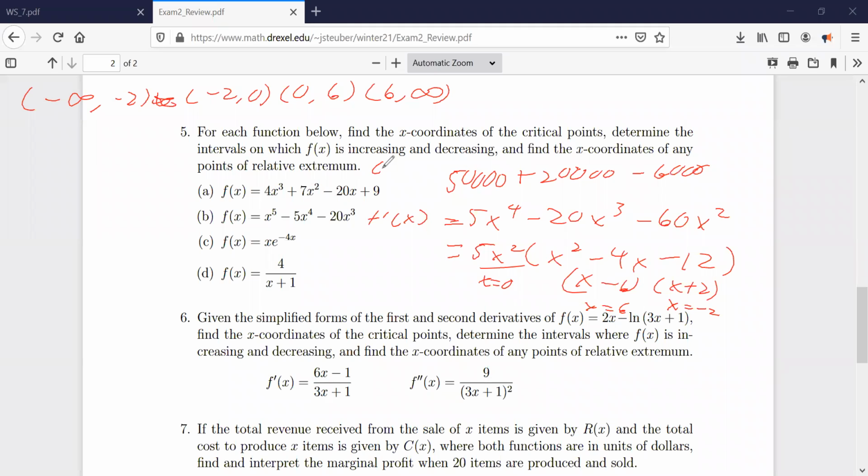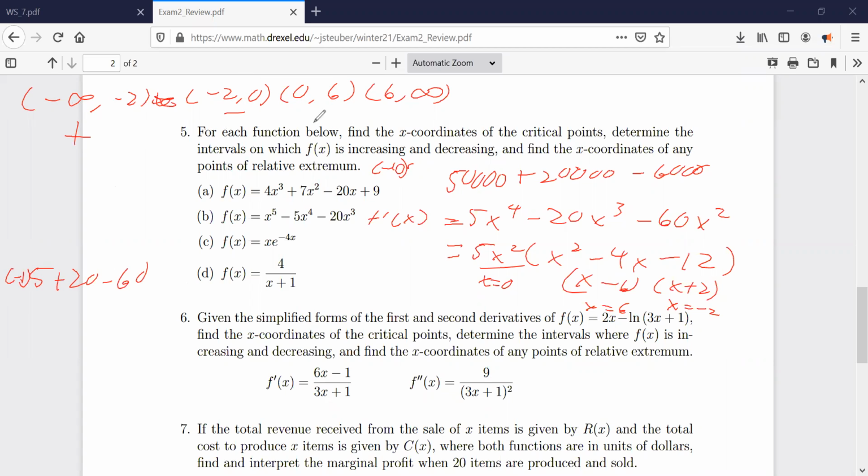So that tells me this is going to be positive. If I plug in negative 1, then I get 5 plus 20 minus 60. So this is negative. That's my test case for this interval.